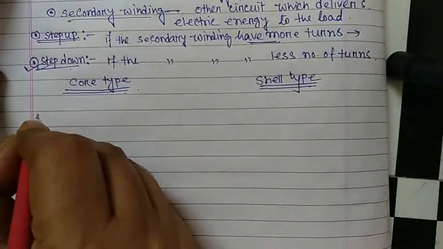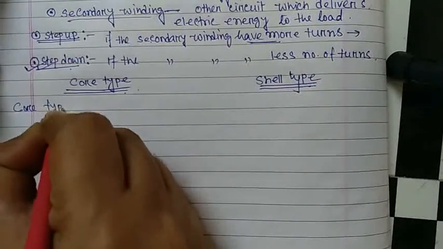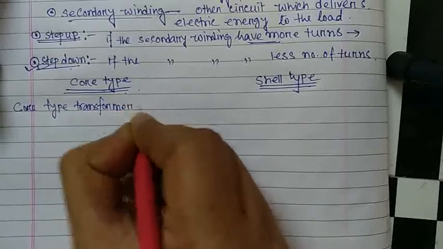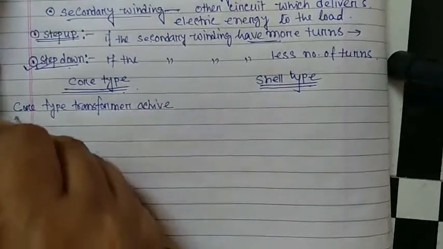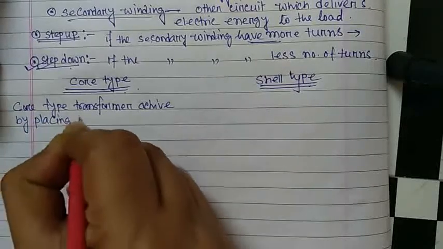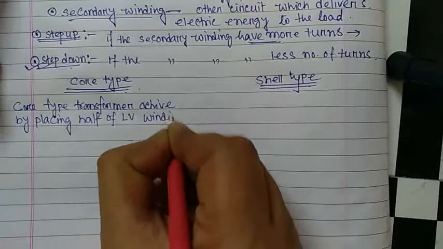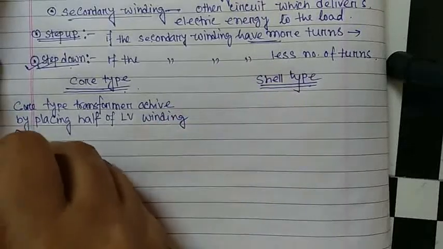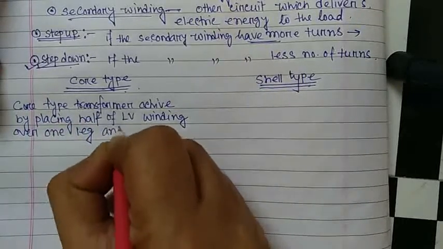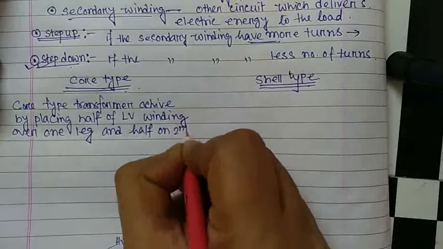Now, the core type transformer is achieved by placing half of the LV winding over one leg and half on the second leg.